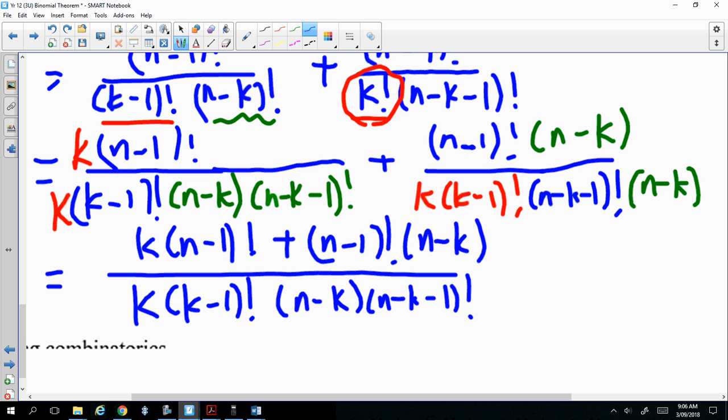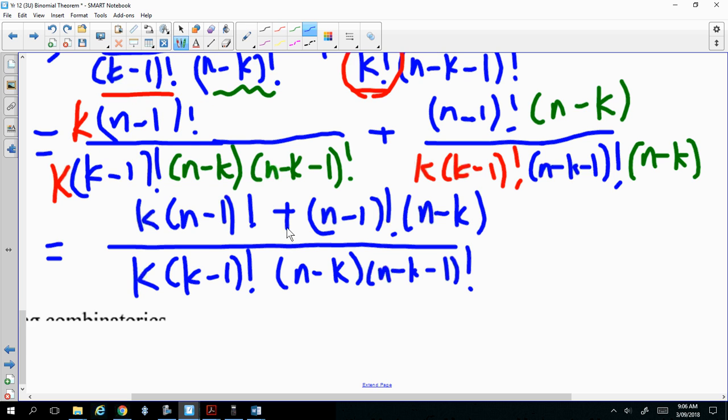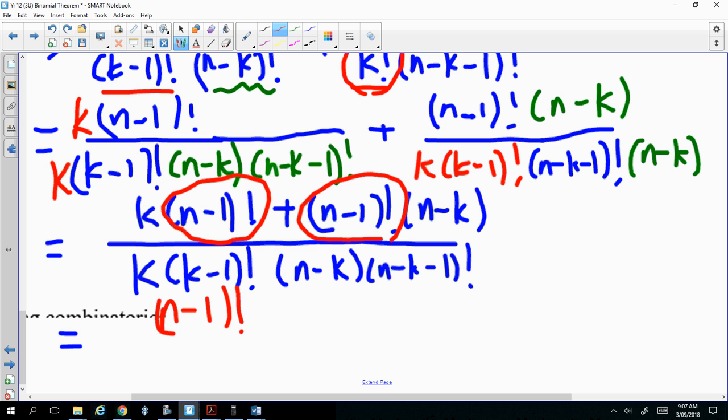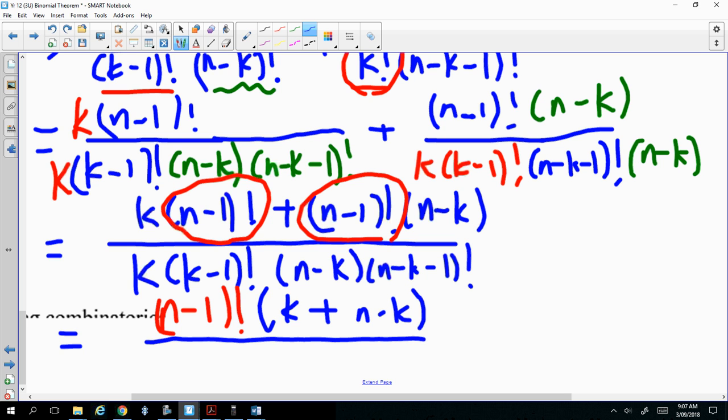And then what you do is you can simplify the denominator and factorize the numerator. Let's factorize the numerator. So I factorize the common factor. These are common. So I take that out, n minus 1 factorial. And then k plus n minus k. Like that. Over the bottom, I want you to combine these two to be k factorial.